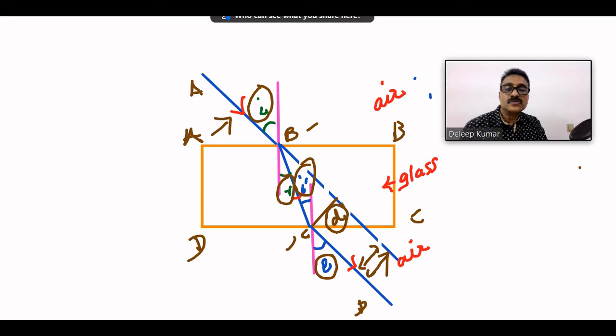Here also, from C to D, it is refracting. And there are different angles also. We can use a protractor for measuring the 90 degrees here, but that's not necessary. Without that also, you can draw this in a nice way.